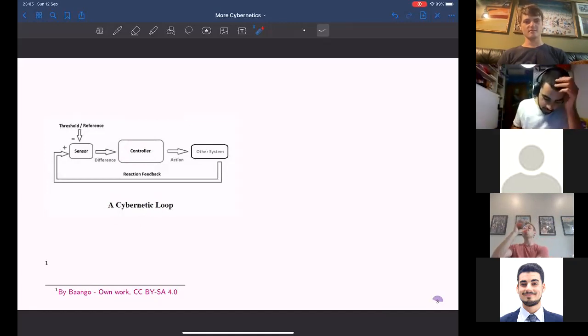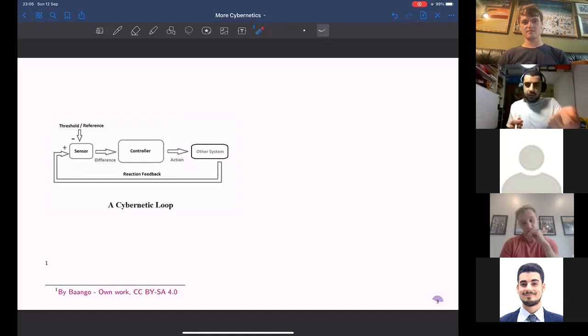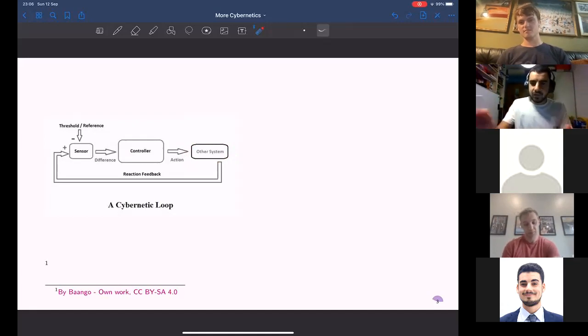The controller is getting input from a sensor and is giving some action to another system, the system we want to control. So I have a sensor, I see what's happening in the system. On the other hand, I have something like a lever, and I can move the lever based on the reading from the sensor.